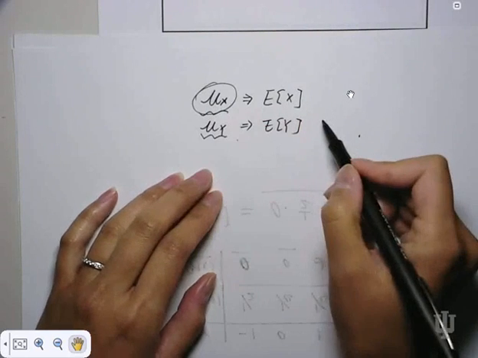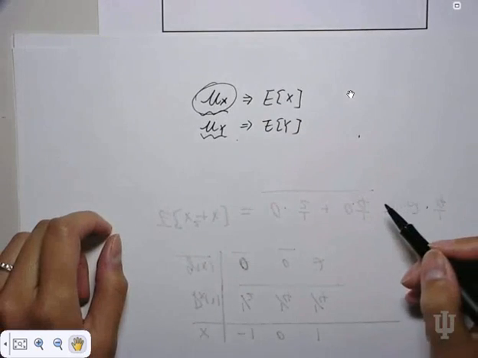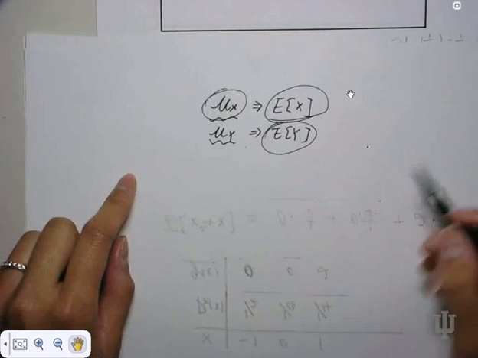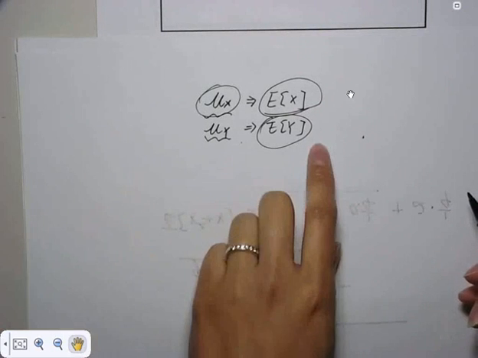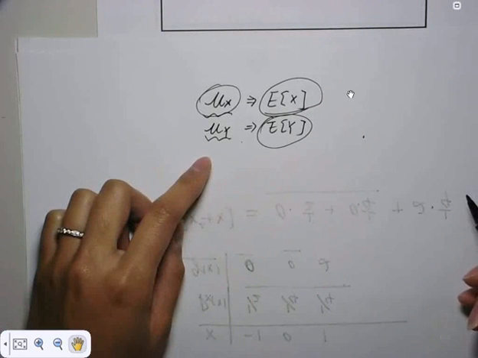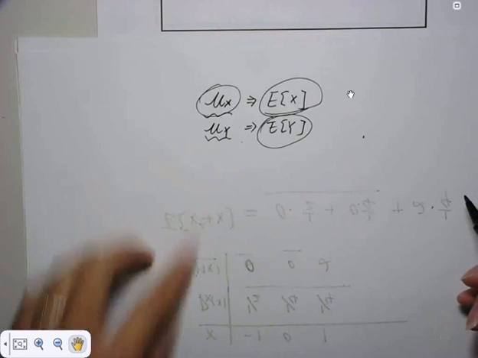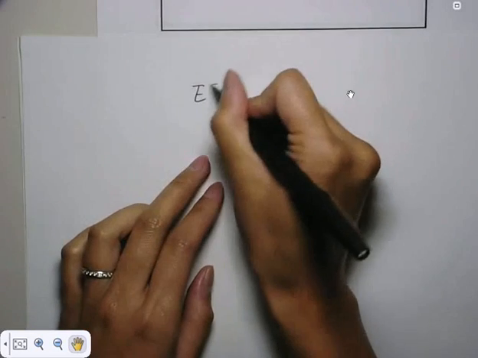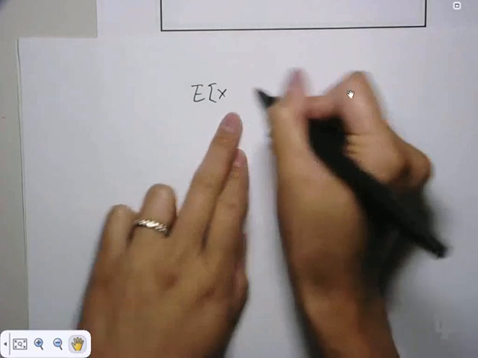And this is a constant value. When you calculate the expected value, the expectation should be a constant value, right? So you can use mu x or mu y to represent that. Then we'll try to find some special cases of expected value.